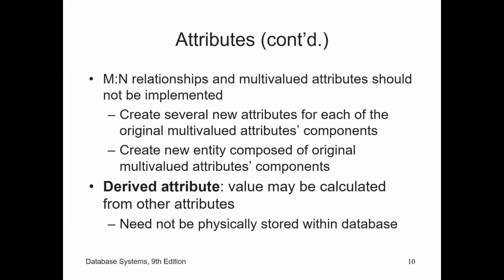First, within the original entity, create several new attributes, one for each of the original multivalued attribute's components. The second option is to create a new entity composed of the original multivalued attribute's components. This new entity allows the designer to define the color for different sections.